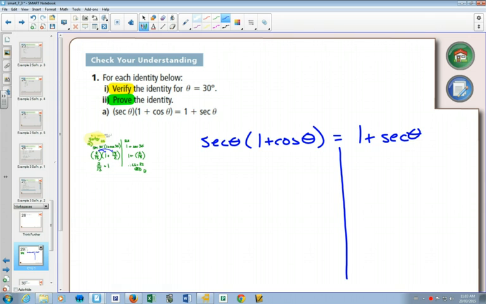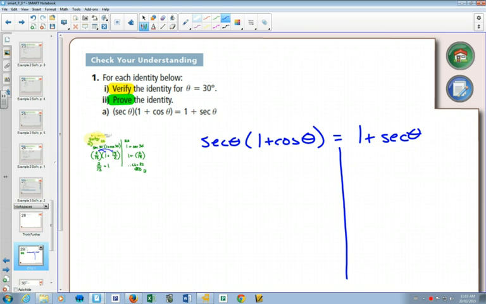So now, we can do a bunch of things here. You can change secant to 1 over cos. Sometimes people like to do that, like to change everything to sine and cos, because every single thing that we have can either be changed to a sine or a cos, because tangent is sine over cos, cotangent is cos over sine.